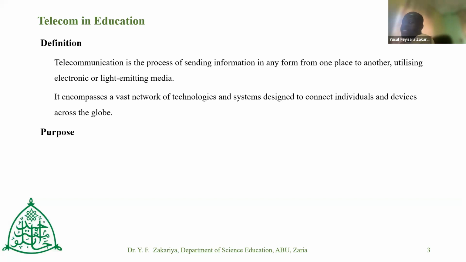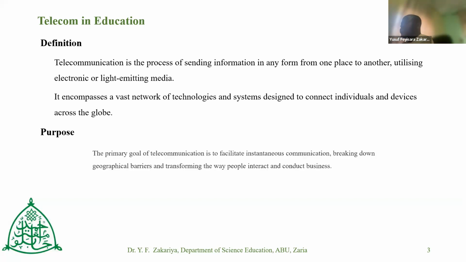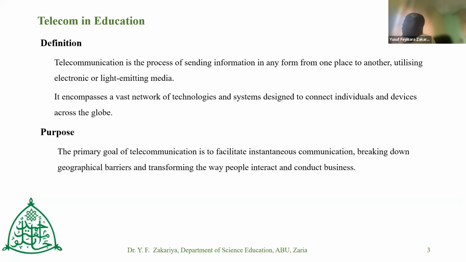It encompasses a vast network of technologies and systems designed to connect individuals and devices across the globe, with the main purpose of facilitating instantaneous communication, that is, simultaneous communication that happens instantly without restriction on the geographical location or on the time. So this was the primary purpose.